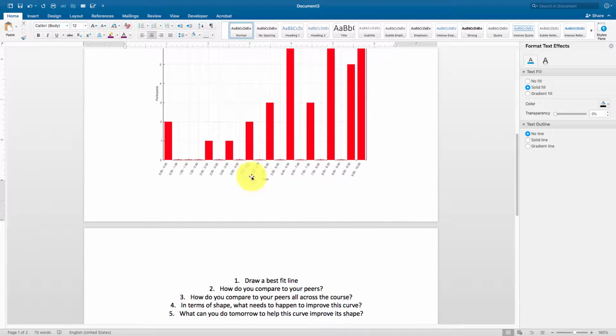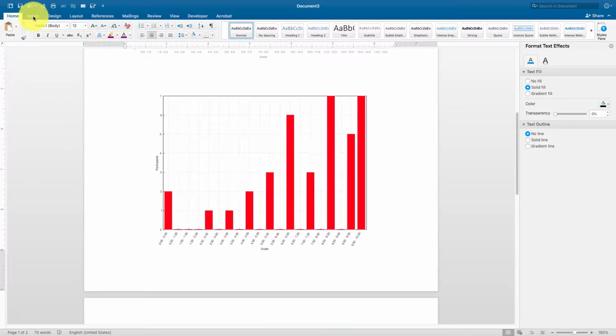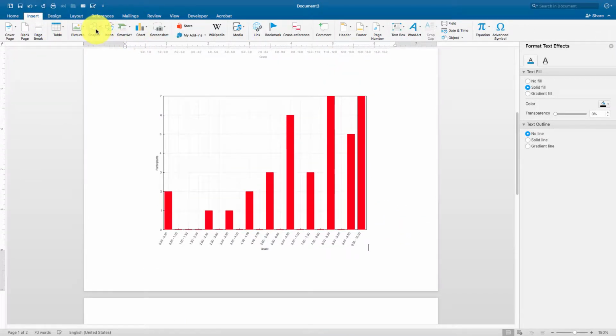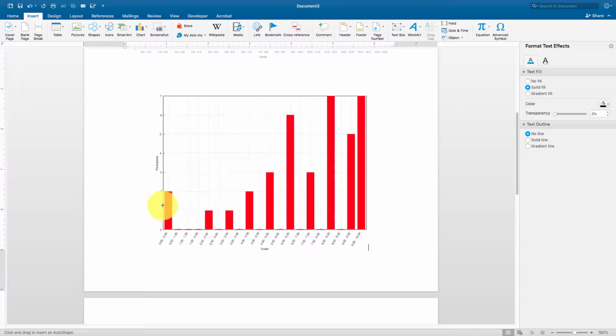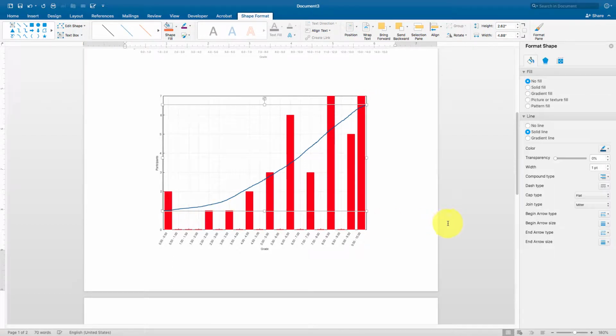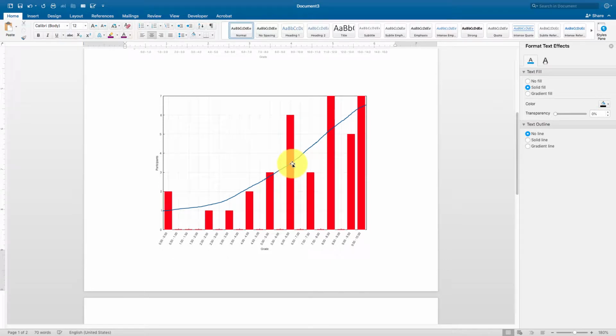So one of the things I'd first have them do is draw a best fit line. So we'll see here a best fit line. Something like your best fit line is going to look something like this on this example.